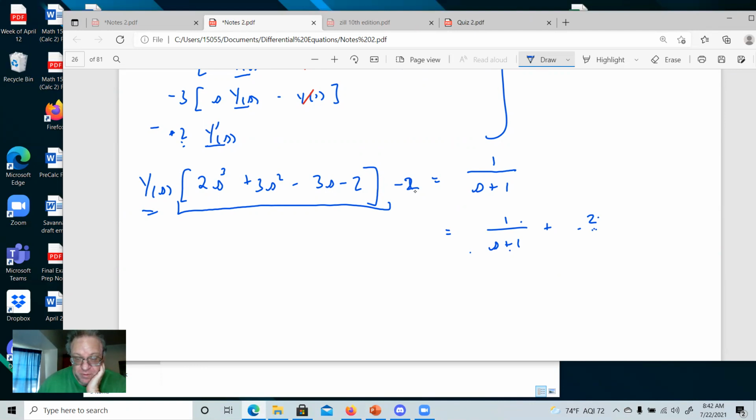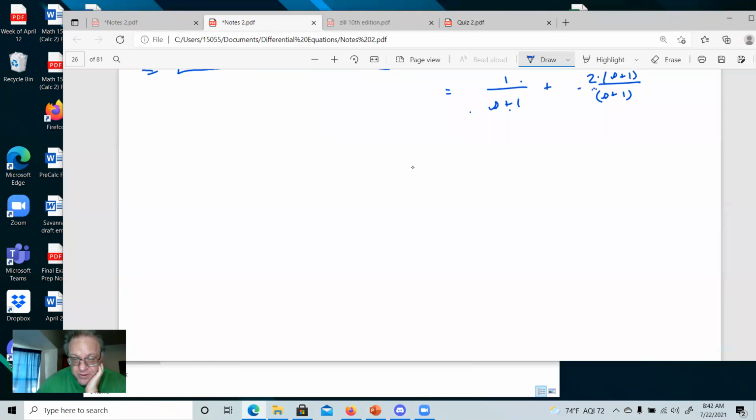I recommend solving one of them. So what I'm going to do here is turn this into one fraction rather than two fractions. So this is going to equal 1 plus 2s plus 2 all over s plus 1, which is going to be 2s plus 3 over s plus 1.